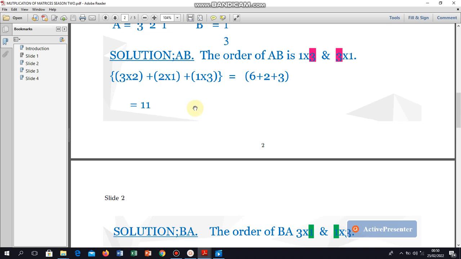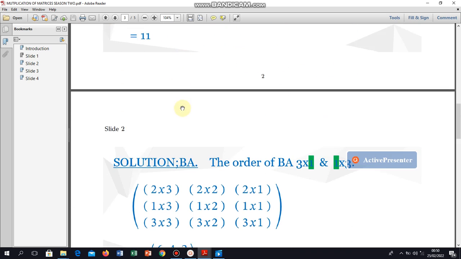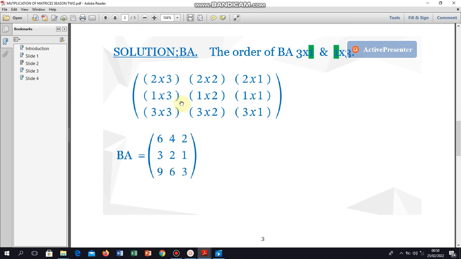We move on again to now multiply 3 times 3, the element of the third row, first column. Then 3 times 2, that's the element of the third row, second column. Then we are moving to 3 times 1, the element of now the third row, third column.